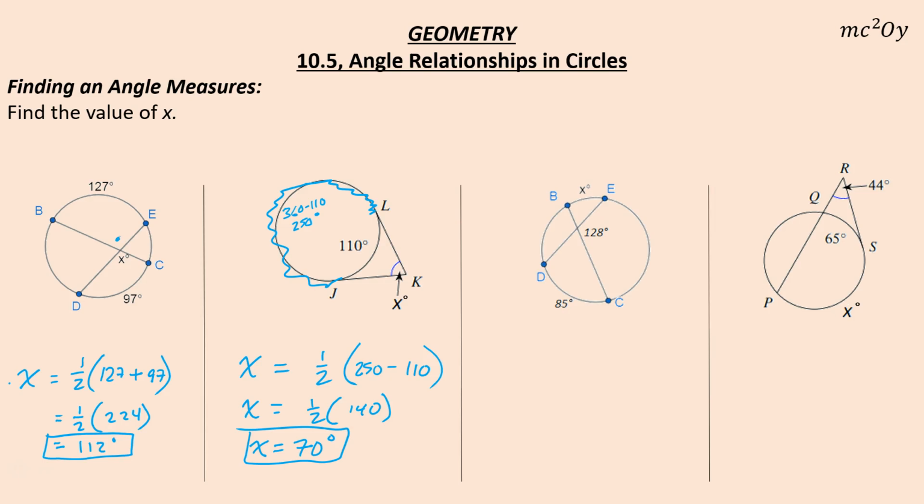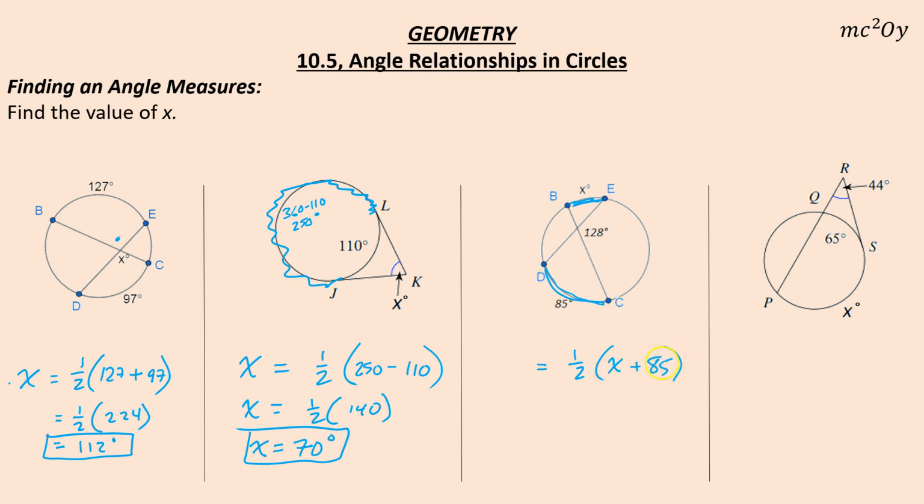All right. Next one, hey, we're dealing with an intersection inside again. Okay. And so that means I'm dealing with an angle where I'm going to be taking half of a sum. It just so happens, though, here are the arcs they give me. Well, that's fine. I can deal with the arcs. Arcs go here, x and 85.